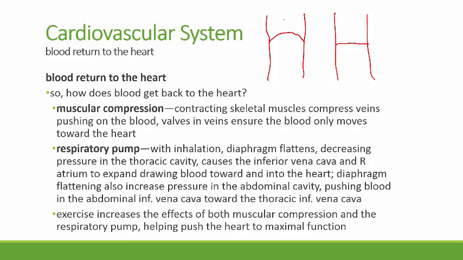So the heart's sitting here, and we've got the inferior vena cava running down to where it splits to form the common iliac veins. Okay, so I'll just draw the heart here too, and here's the inferior vena cava. Here's the split.